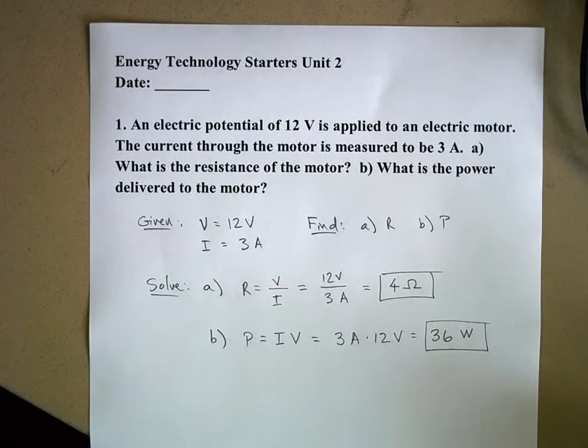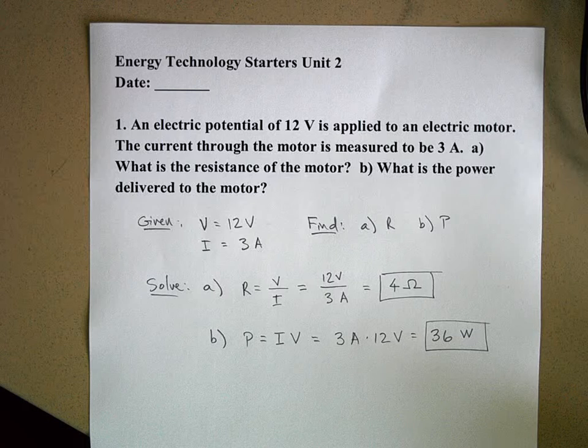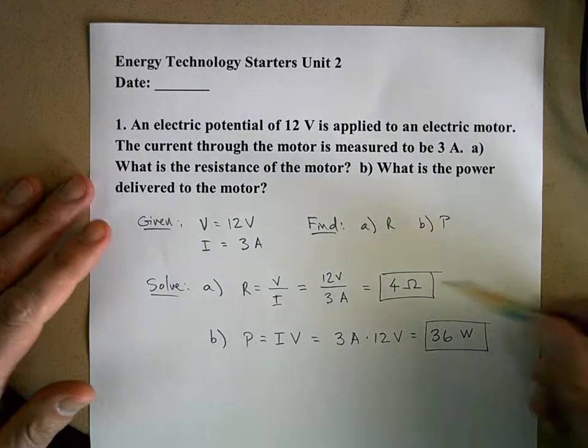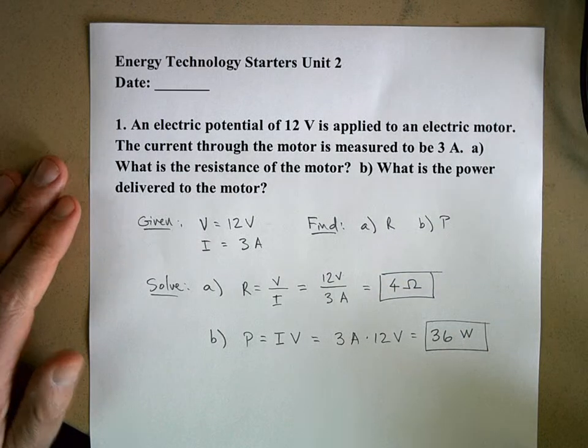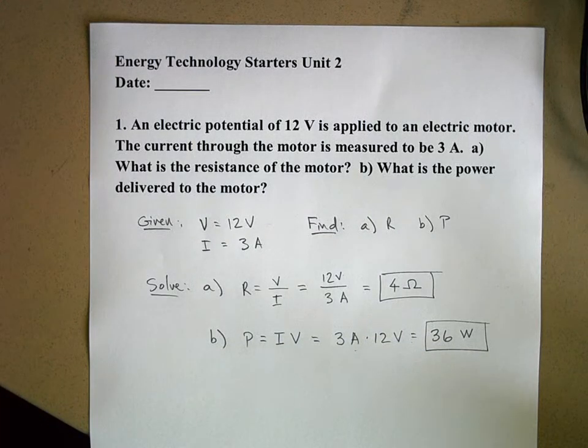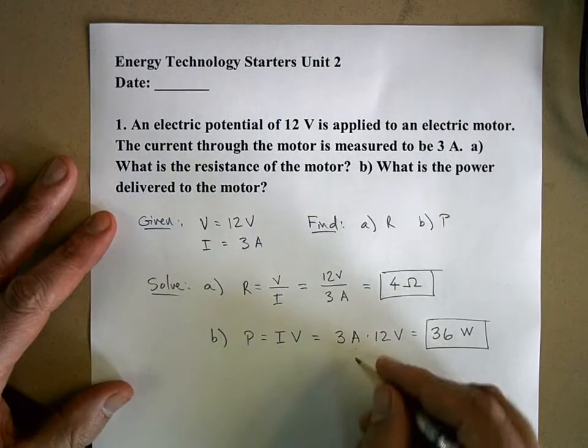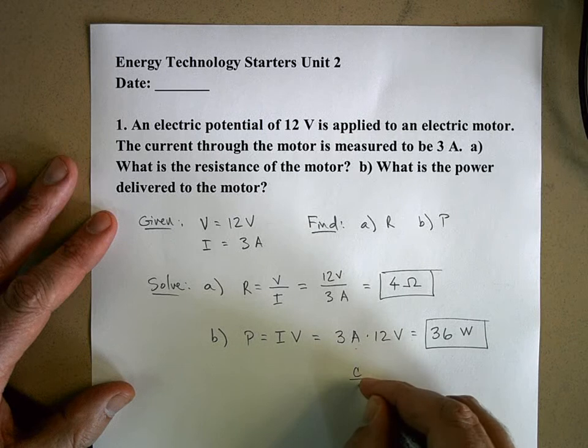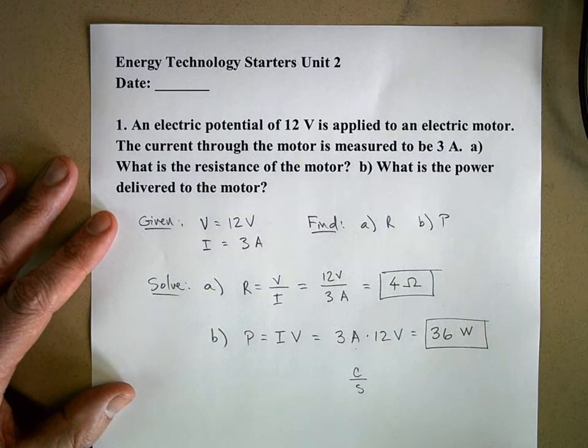Now one of the things that I really want you to know is how these units work. An ohm is a volt per amp. But how do you get amps times volts? How does that give you watts? Well, an amp, remember, is a coulomb of charge going by every second. So it's a coulomb per second.